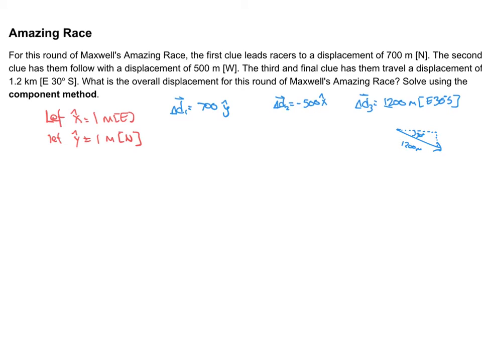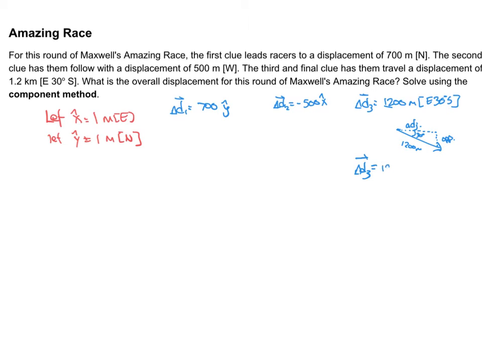So if I use 30 degrees as my reference angle, then the horizontal side, or the x component, is going to be the adjacent side. And the vertical component is going to be the opposite side. That lets me know if I'm using sine or cosine for each component. So the x component, the horizontal component, it will be cosine.